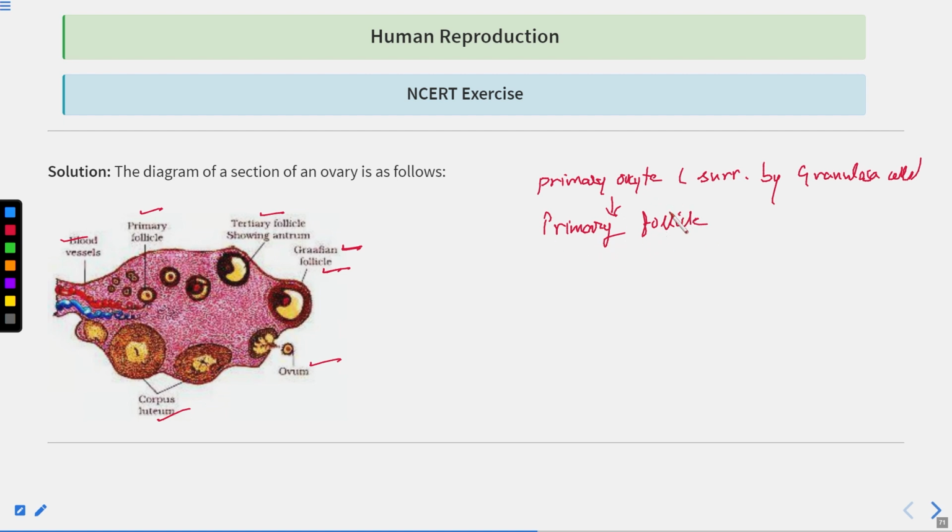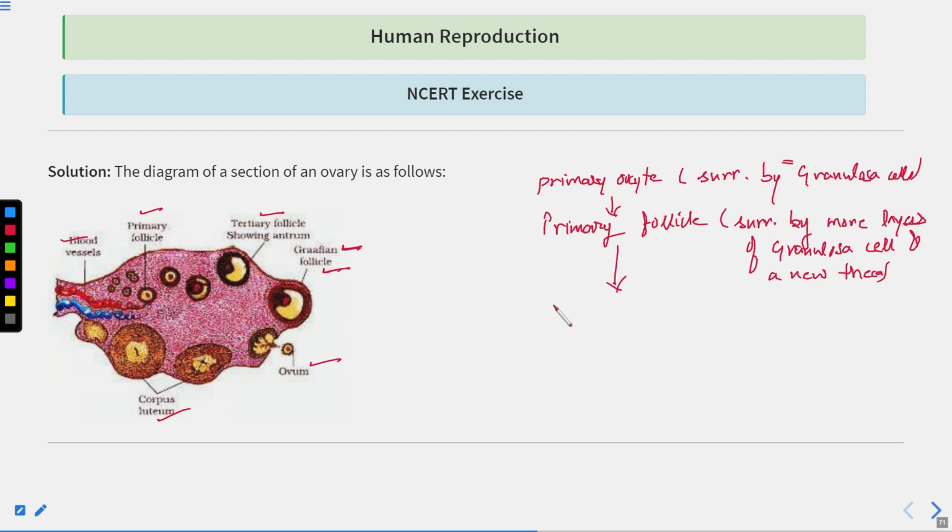Now, the primary follicle again gets surrounded by one layer. Now they get surrounded by more layers of the granulosa cells and a new theca also.